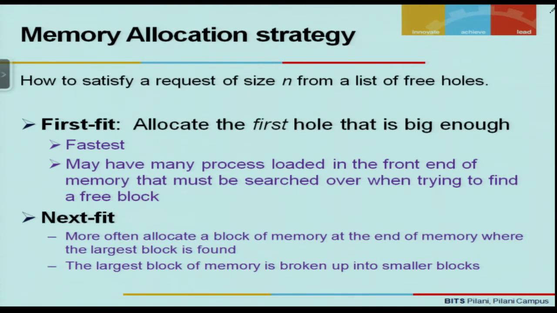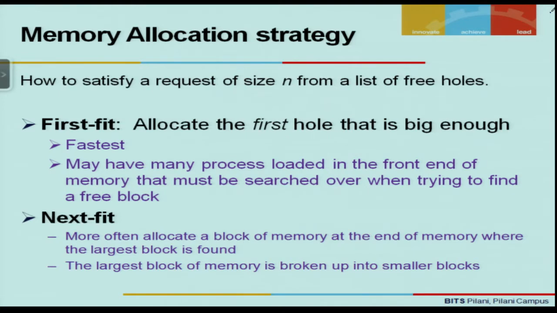In this strategy, we try to allocate the first hole that is big enough to meet the requirement of the request, and we find that this strategy is the fastest in terms of implementation and execution, but it leads to a small problem: the front end of the memory gets completely loaded, and to search for a free block at a later point of time, the entire list is to be searched.